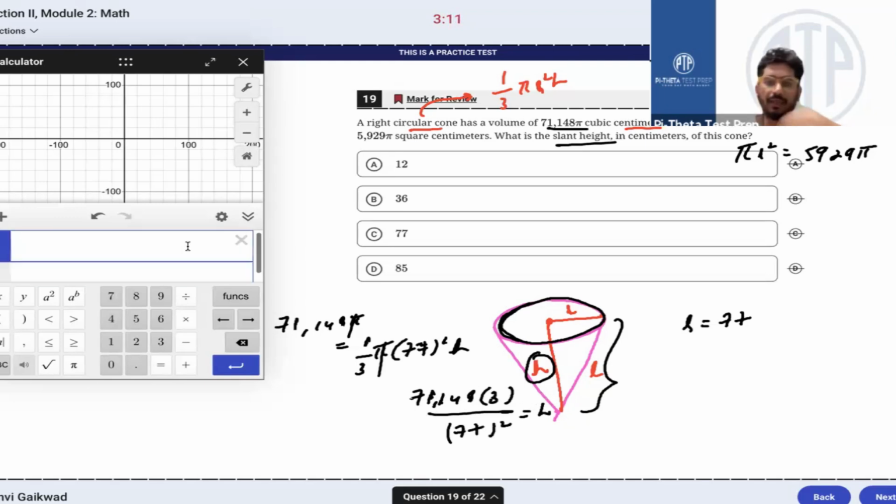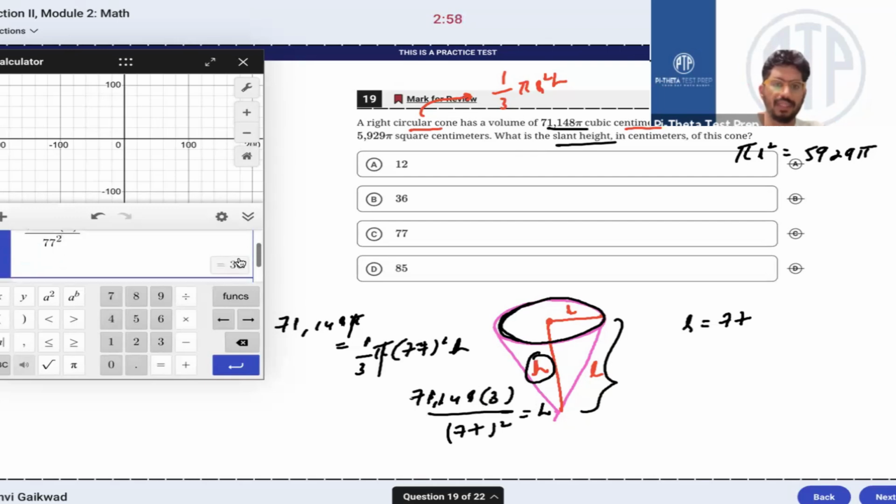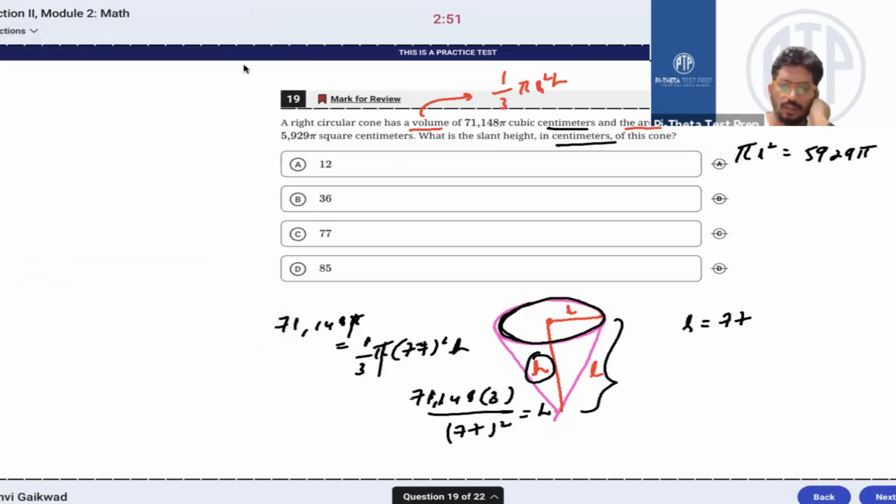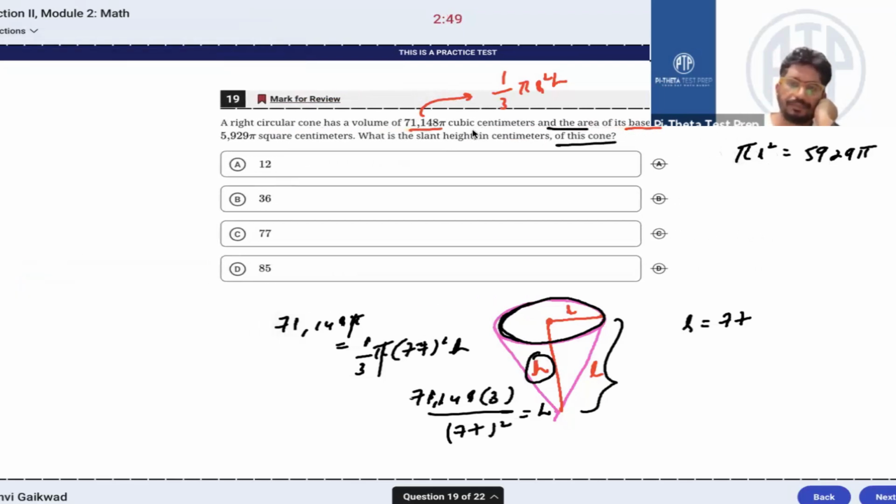So I'll write in the calculator 71,148 into 3 upon 77 square, and that is coming to 36 here. So 36 is my height and radius is 77.